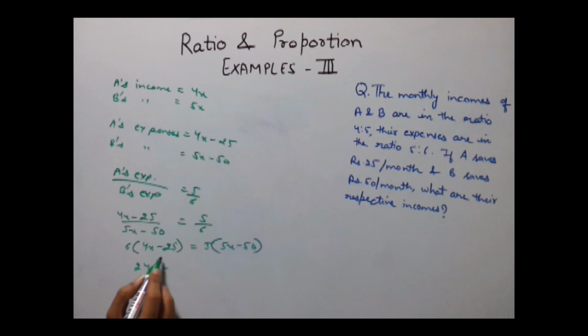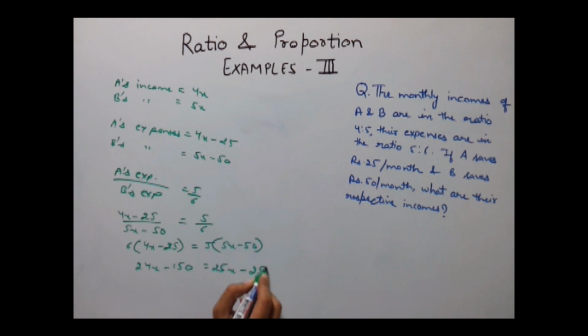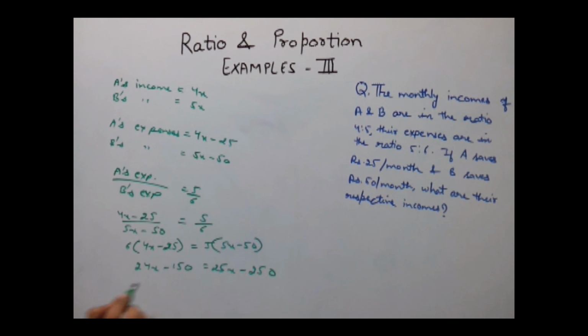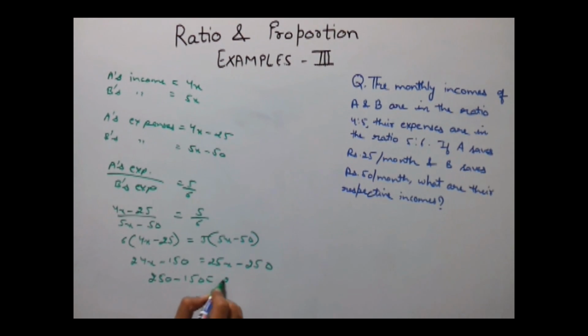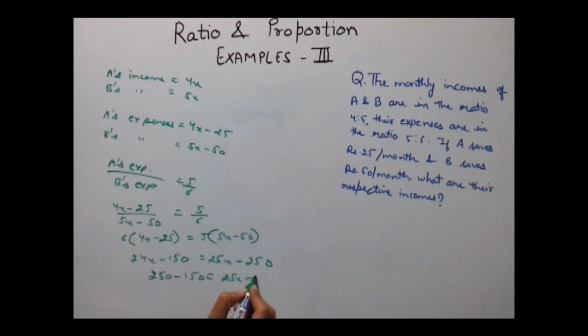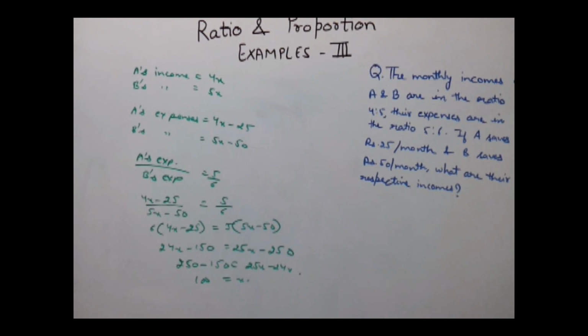This would be 24x minus 150 is equal to 25x minus 250. Shifting it, we'll get 250 minus 150 is equal to 25x minus 24x. So 100 is equal to the value of x.